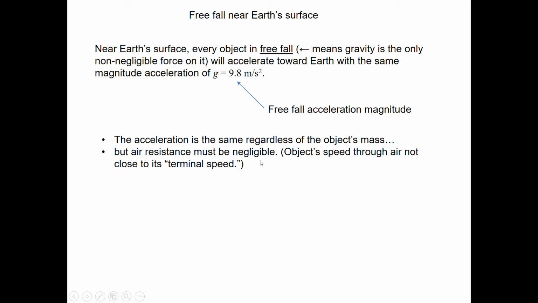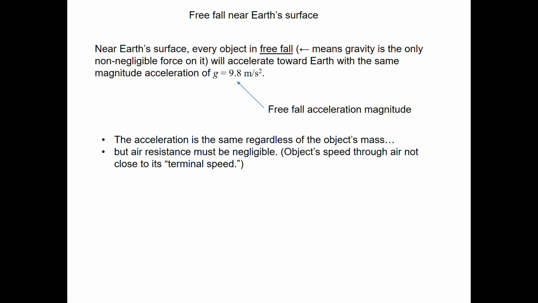Another way of saying that is the object's speed through the air can't be close to its terminal speed. Its terminal speed is, if I drop an object from a skyscraper, it probably, after accelerating for a while, will start to get closer and closer to having a constant speed downward through the air. So it can't be close to that. Usually we're talking about things that are thrown up or dropped near the surface of the Earth.